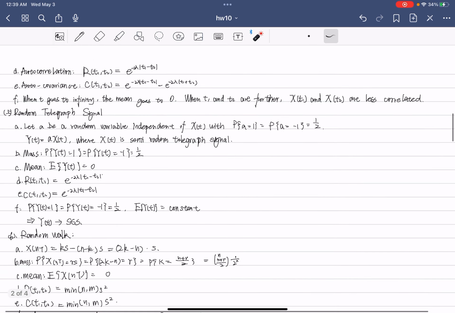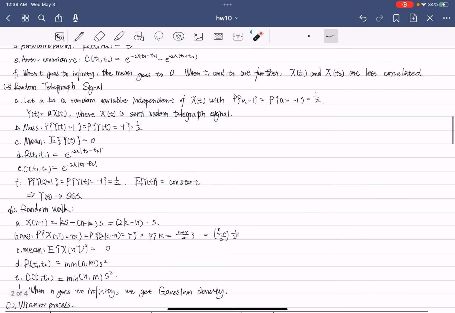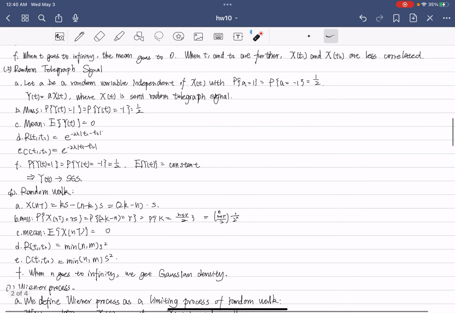We can get the mass of the random telegraph signal: the probability that Y(t) equals 1 equals the probability that Y(t) equals -1, equals 1/2.